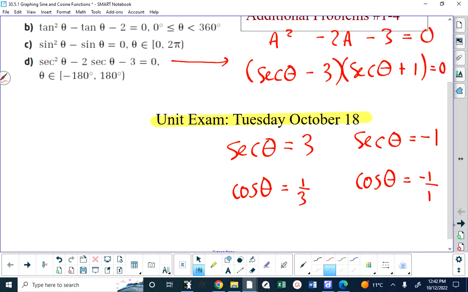With the cos equals 1/3, 1/3 is on the unit circle somewhere, but you don't know the coordinates of the point or the angle that gives you that x coordinate. So you would have to use your calculator along with the idea of a reference angle. Cosine equals negative 1 not only is on the unit circle, but it is a known location. It's at pi radians or 180 degrees. So you don't have to use your reference angle and calculator setup in that fashion.